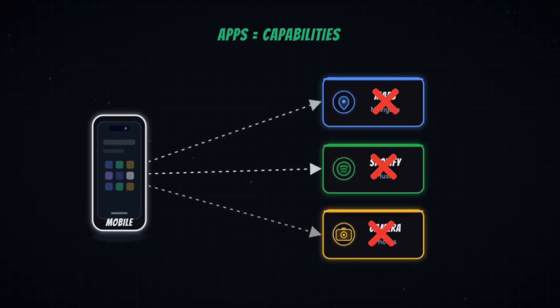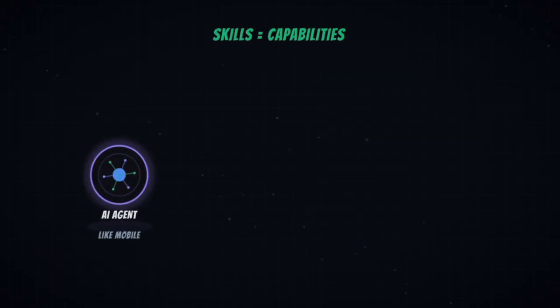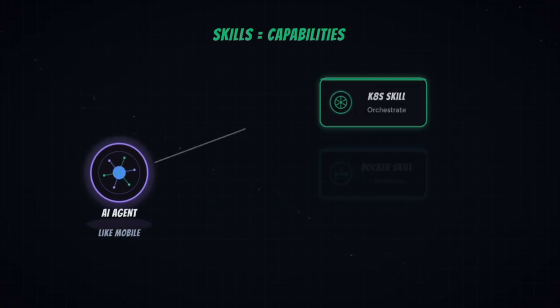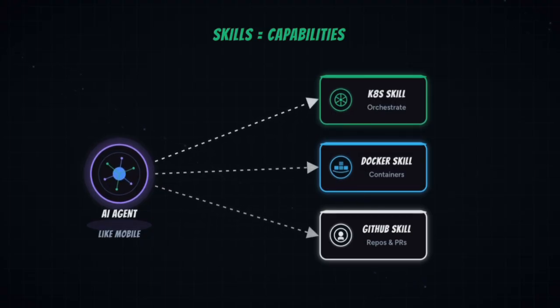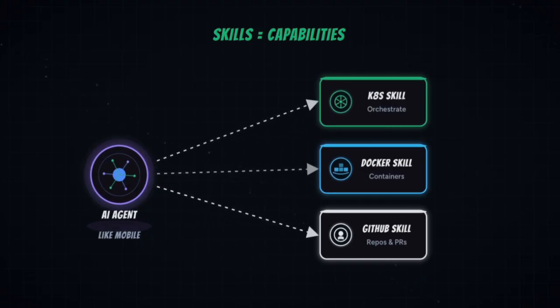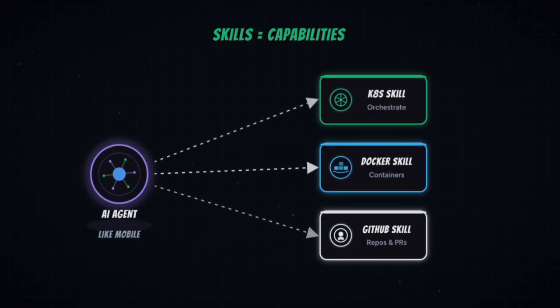Then your phone is basically useless. In a similar way, an AI agent is just like a phone, and skills are basically the apps. Without these skills, the AI agent is very generic and actually useless because it is not able to perform any task efficiently.